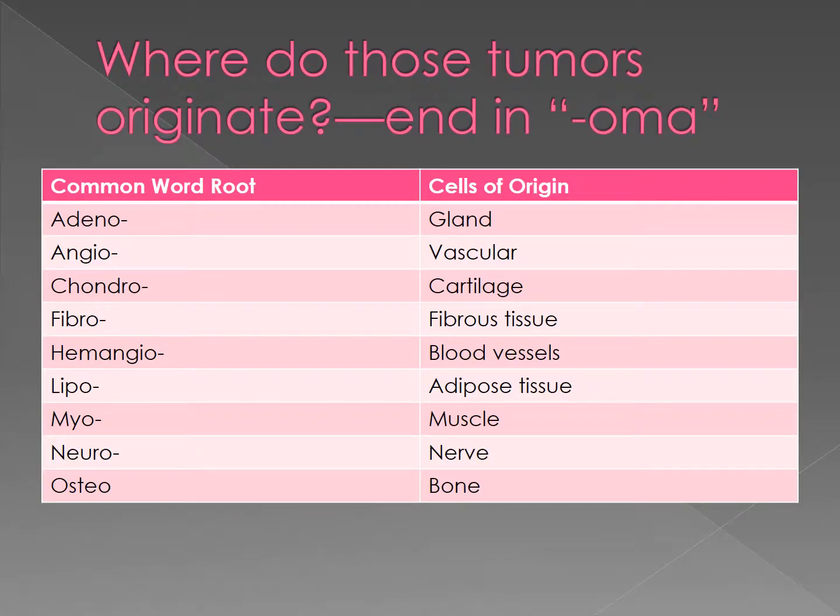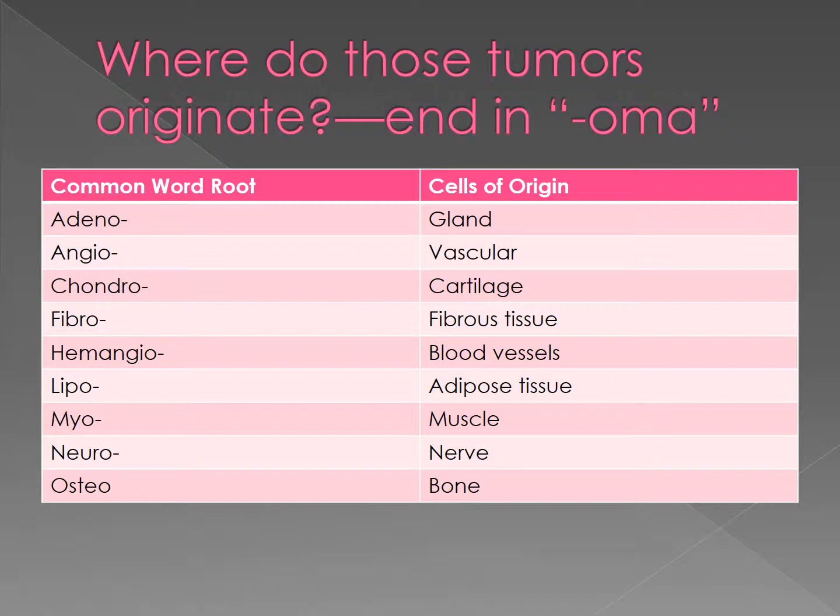Oftentimes when we talk about diseases, we use a lot of our medical terminology. We always use root words when talking about pathologies and different disease processes. On this slide, tumors always end in oma, but where these tumors originate or come from, the common root words for medical terminology, there's a chart that discusses these.